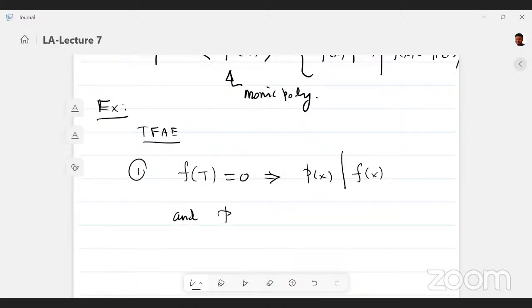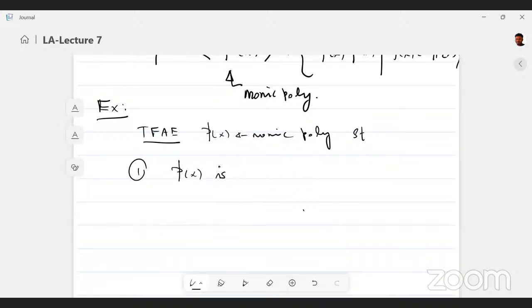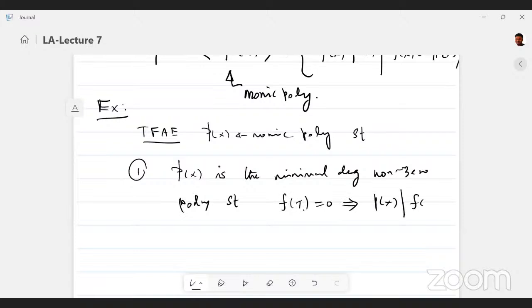Let's say I have already fixed the monic polynomial p of x such that, maybe I should write it like this, p of x is the minimal degree non-zero polynomial such that whenever f of t is 0 it implies p of x divides f of x. Okay, so this is the characterization.